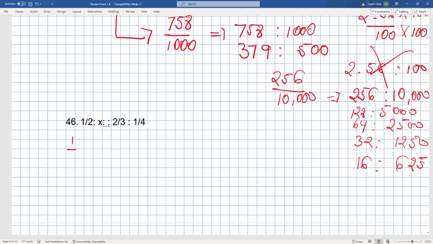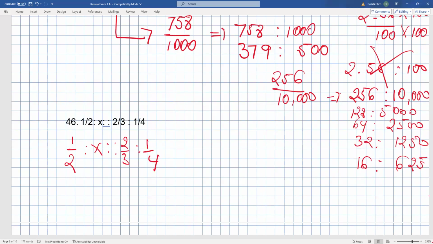So you got 1 half, okay? So you have x. So you got your proportion side, you got 2/3. This is where they just want to check if you learned how to do your fractions.